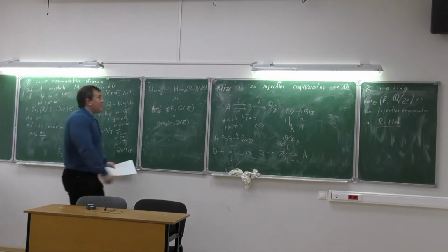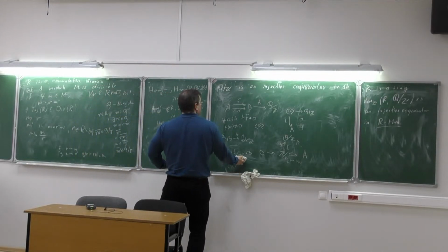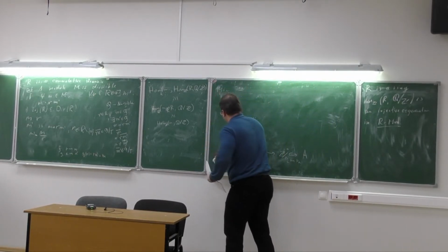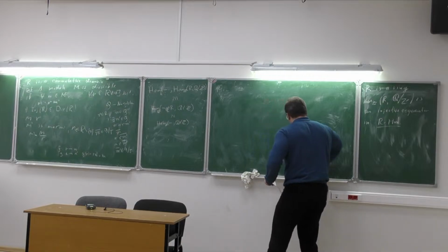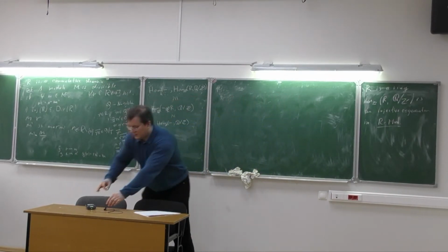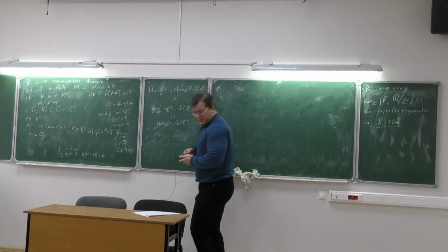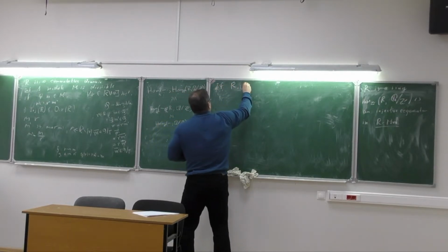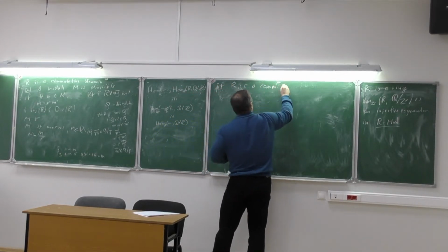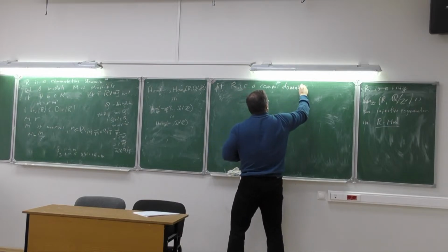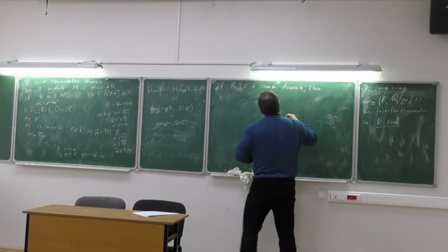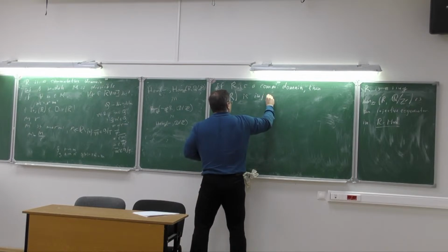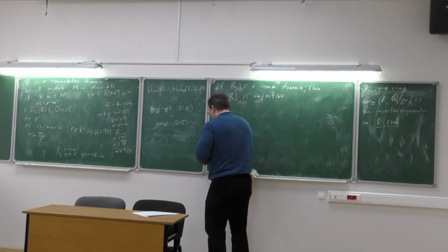Okay, so next problem, and this is a little bit more interesting, less trivial. So we need to show that if R is a commutative domain, then Q of R is injective.